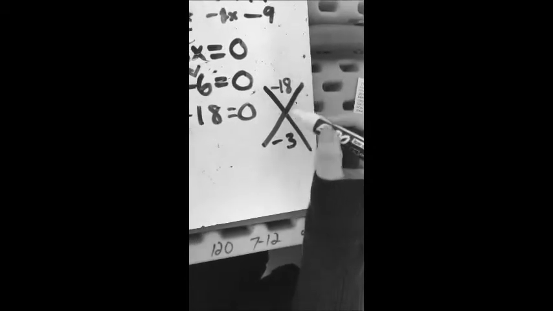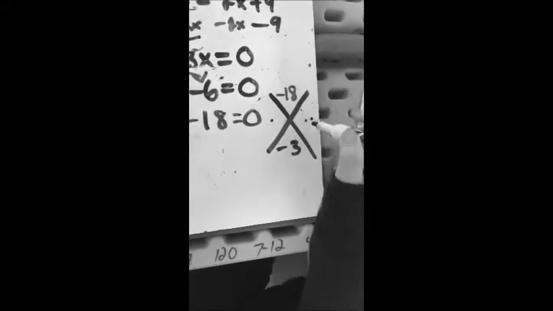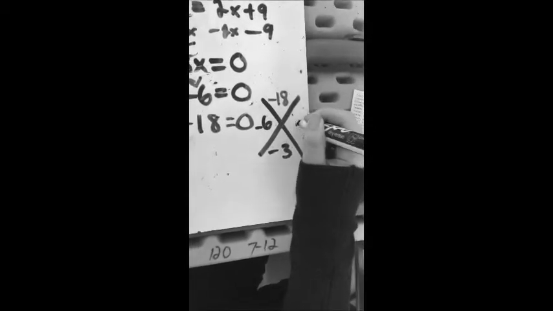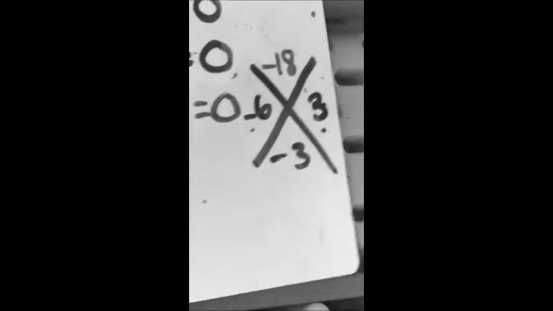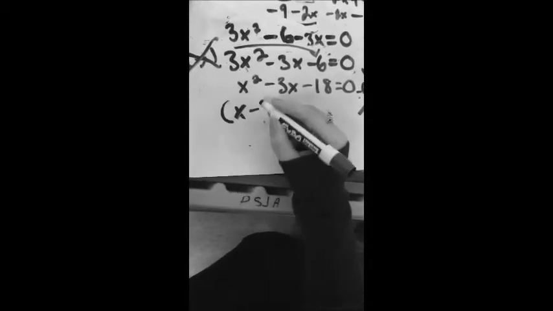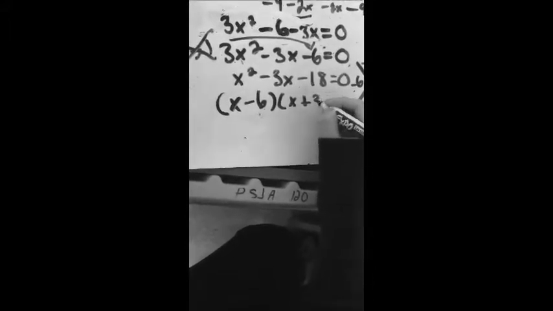The numbers that belong here are negative 6 and positive 3. When you multiply them, it equals negative 18, and when you add them, it equals negative 3. So now the multiples will be x minus 6 and x plus 3.